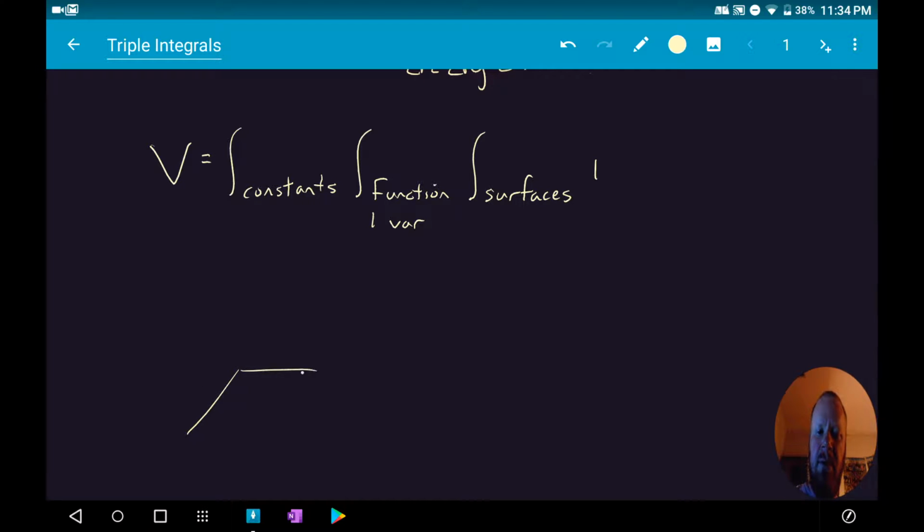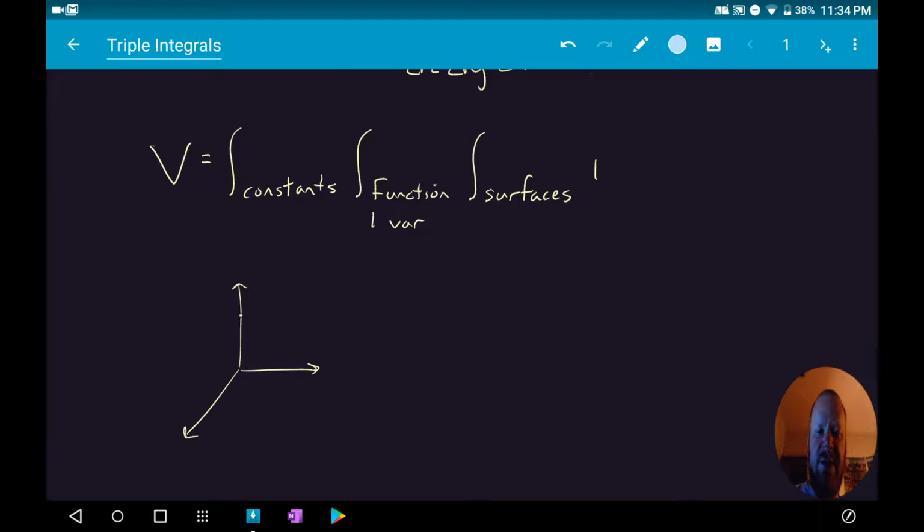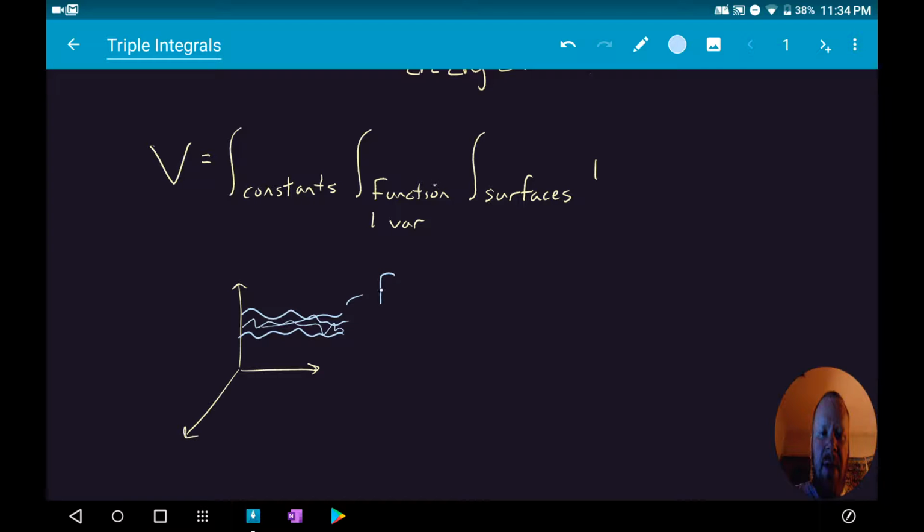So if I draw two surfaces, maybe I've got a wavy surface up here, and I'll call that one F, and let's say I've got a spiky surface down here.